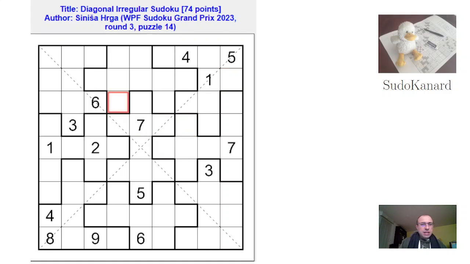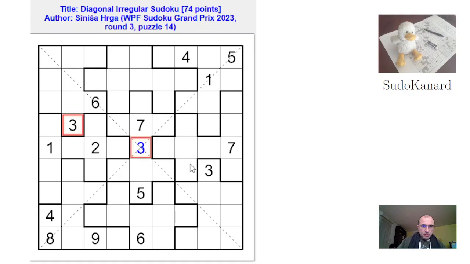Let's begin. Something very interesting here is that on this diagonal, if I recall correctly, there's something with 3. Yes, 3 is on none of those cells because this 3 sees those 3 cells, this 3 sees those 4 cells, so the only place for 3 on this diagonal is here.